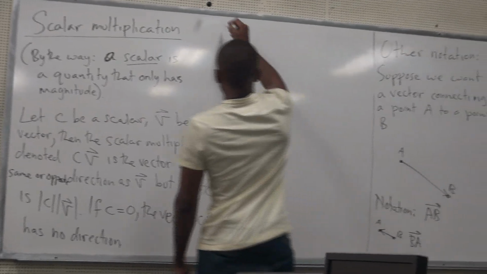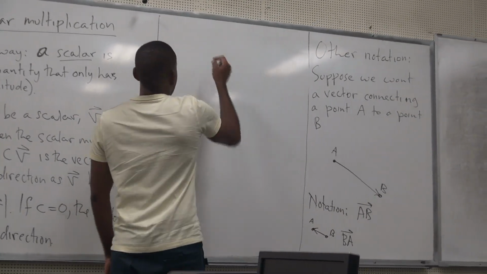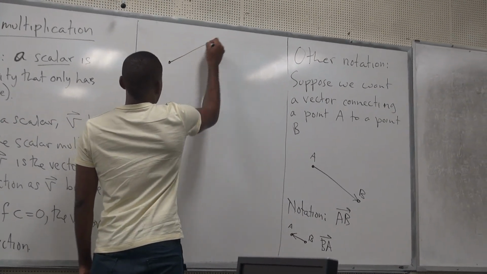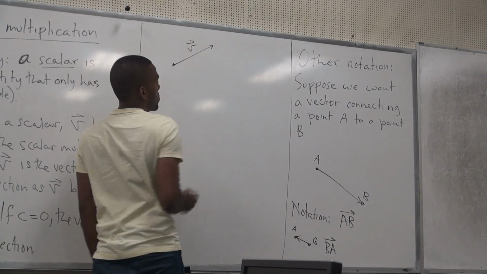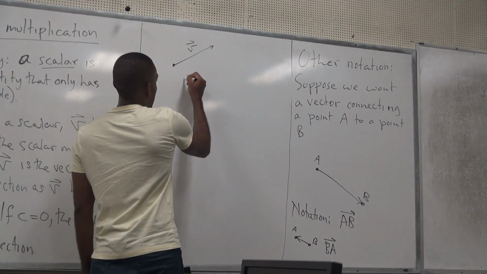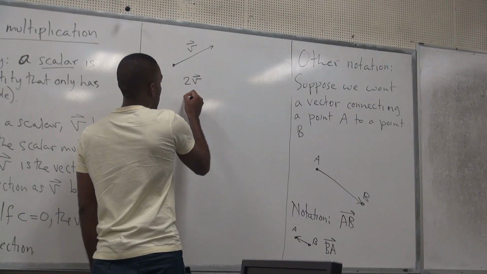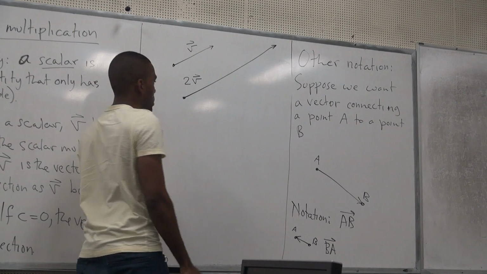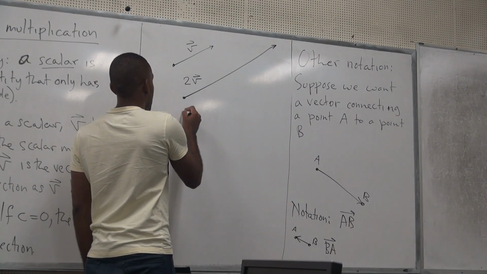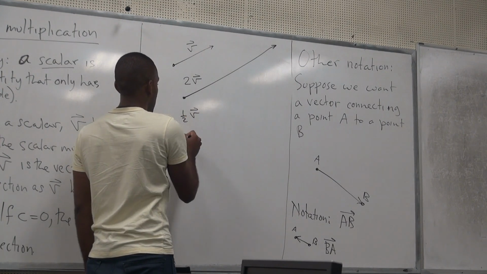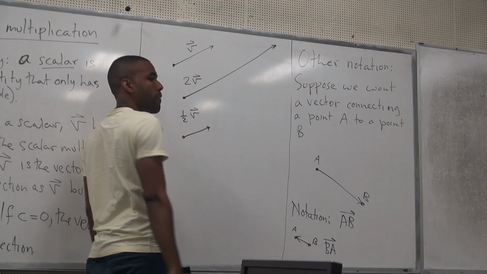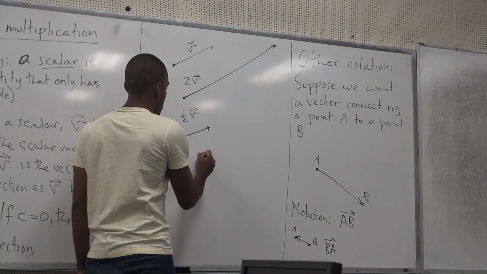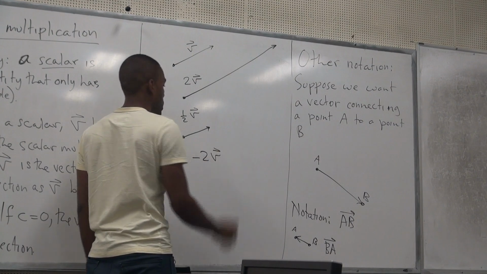Let's illustrate that. So let's say I have here the vector v. Then I could say something like, what would the vector 2v look like? Well, it just looks like v, but now it's twice as long. Or I might say, what does the vector 1/2 v look like? Just like v, except it's half as long. Or I can say, what does the vector minus 2v look like?